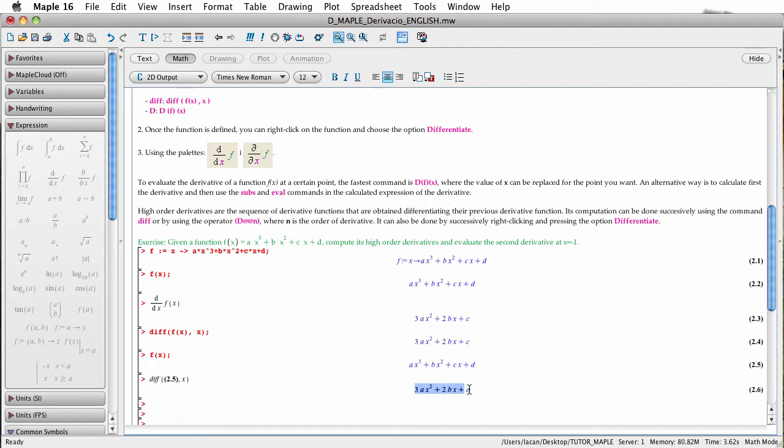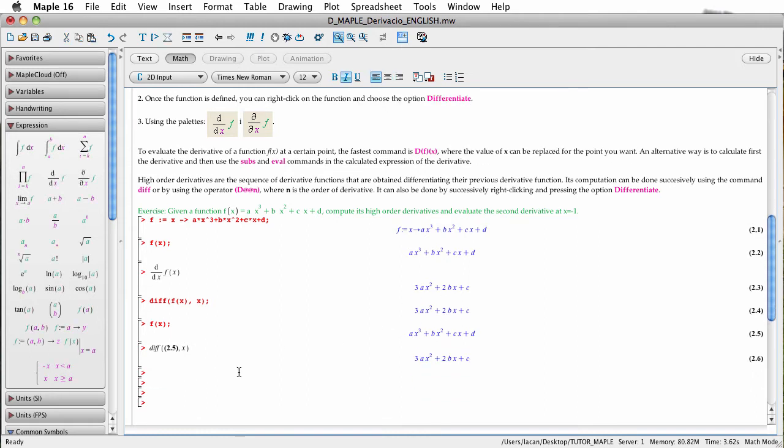Okay, there's another way indeed of doing this, which is using the D command. And now I want you to look at the difference between using diff and capital D. What is the difference of this with respect to this? The difference is that here you have an x arrow, and this is what we use to define functions.